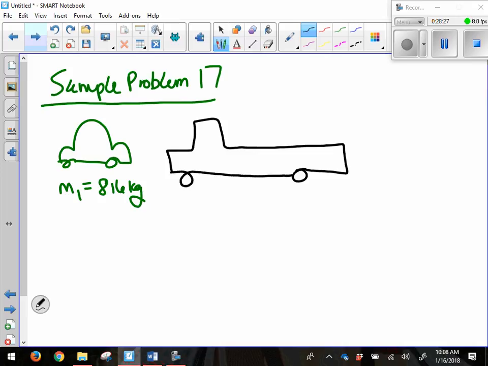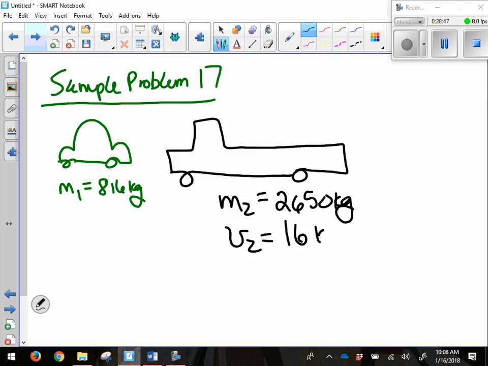A Cadillac had a really long hood and often a really long trunk. My Cadillac masses more than 3 times my VW Bug, and it has some speed, which I could turn into a velocity, which is 16 kilometers per hour.